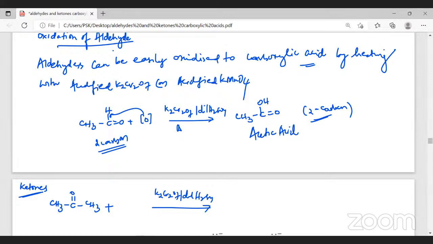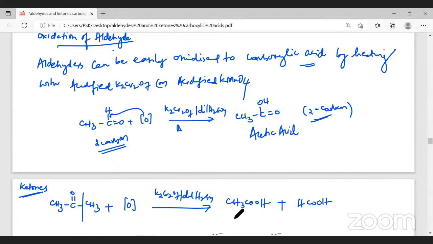In this case, the carbon-carbon bond will be broken here. Since it is an oxidation process, this molecule has to take nascent oxygen. We get 2 acids. One is CH3COOH, acetic acid, and the other is formic acid, HCOOH. So oxidation takes place with cleavage of the carbon-carbon bond.